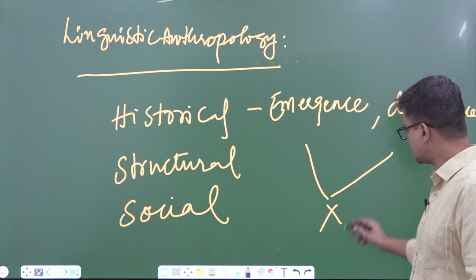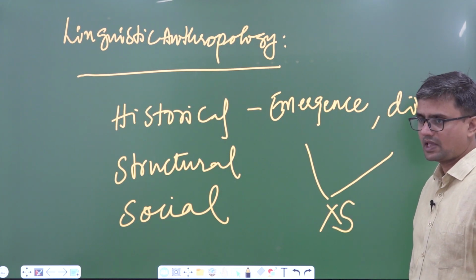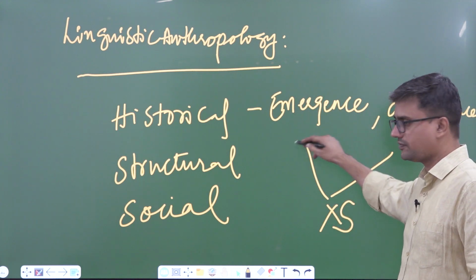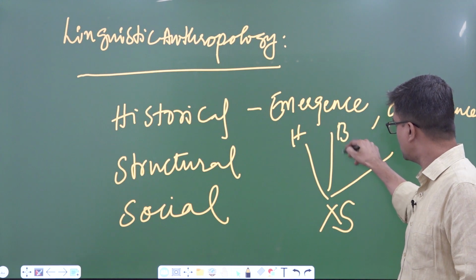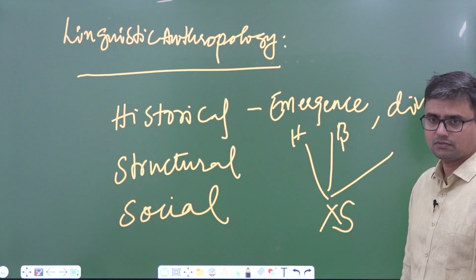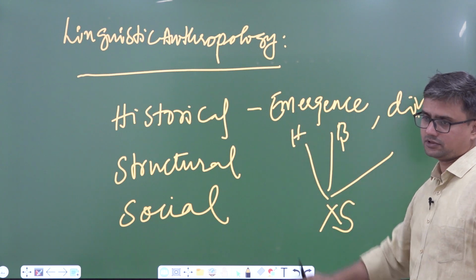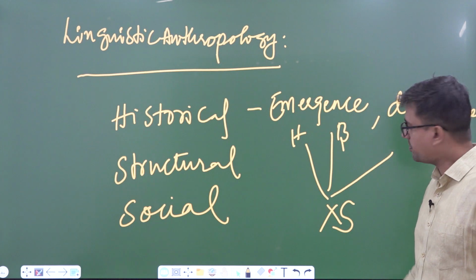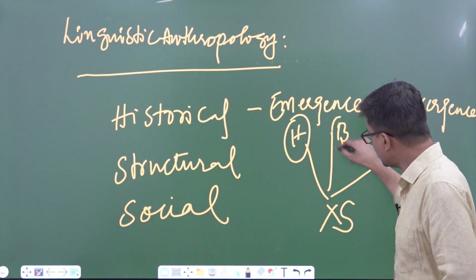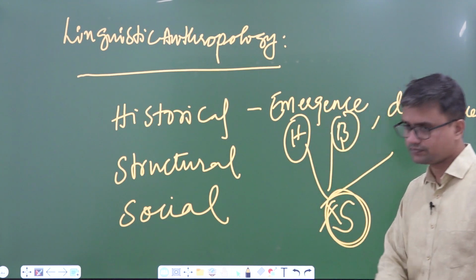Say, for example, the Sanskrit language. From Sanskrit we can see the emergence of other languages: Hindi, Bengali, and so on. So from Sanskrit, other languages have emerged. The speakers of these languages originally had common ancestry.